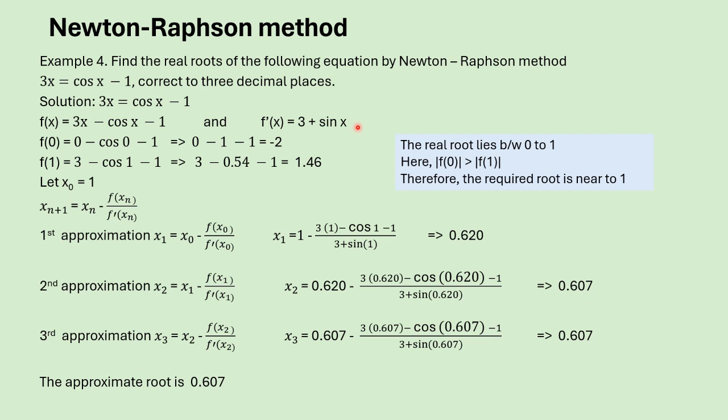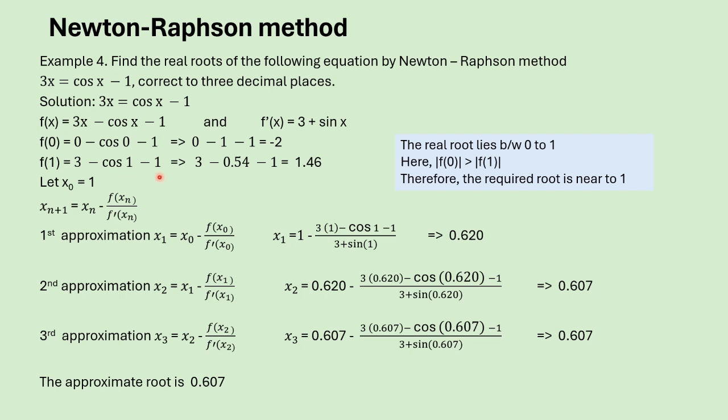Now here the nearby value is not given, so we have to calculate it. We have to first put 0 and see the value. When we put the value 0 here, 3x will become 0, minus cos 0 minus 1. Here cos 0 is 1, so 0 minus 1 minus 1 is minus 2. Now we have to put f of 1, which is 1 into 3, is 3 minus cos 1 minus 1.